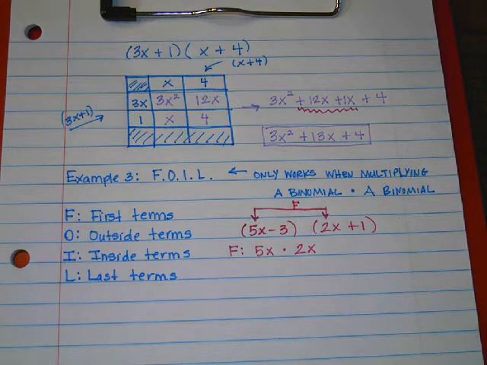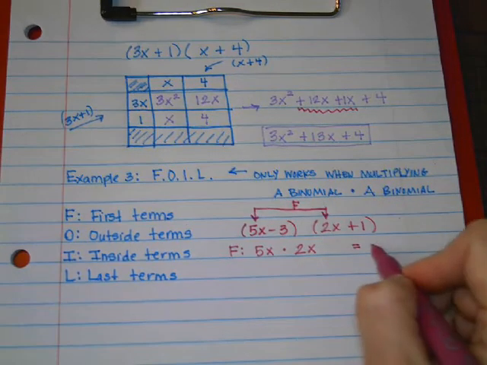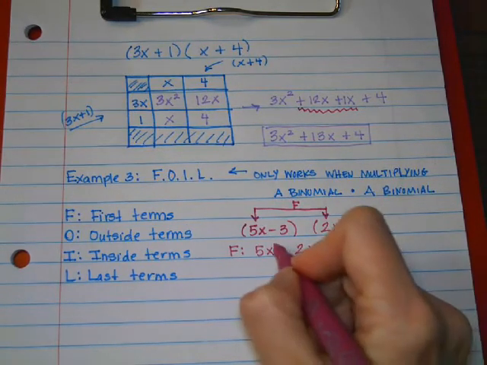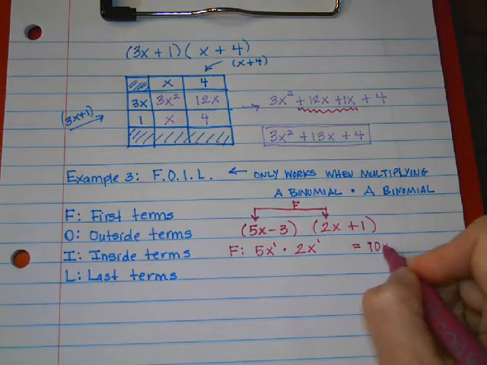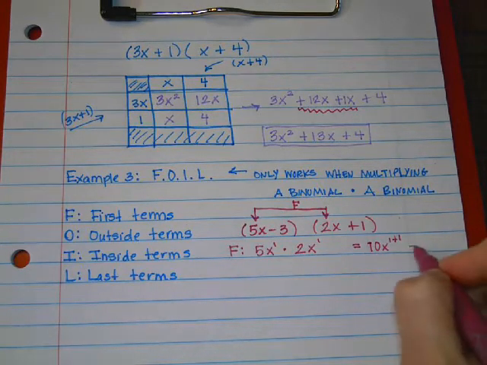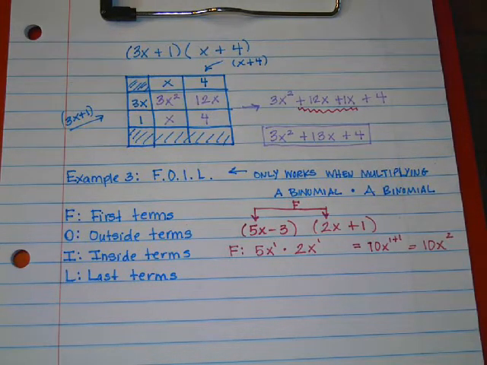So 5 times 2 is 10. And then remember, these have exponents of 1, so it's the same as x to the 1 plus 1. We combine those exponents, so we get 10x squared. So that's when I multiply the first terms together.